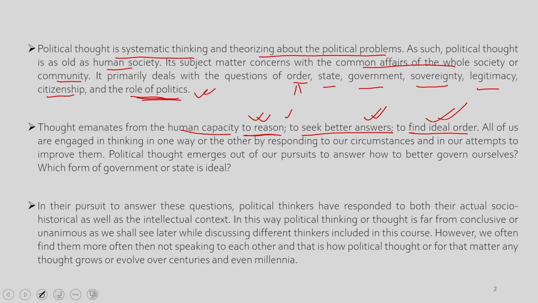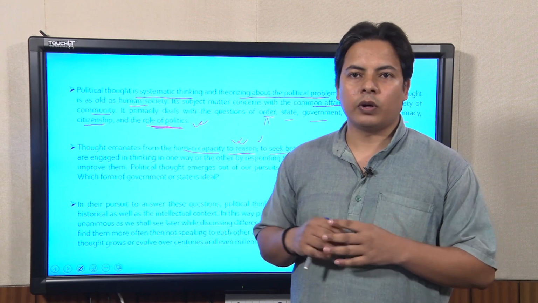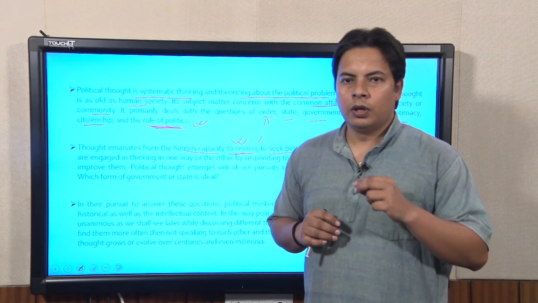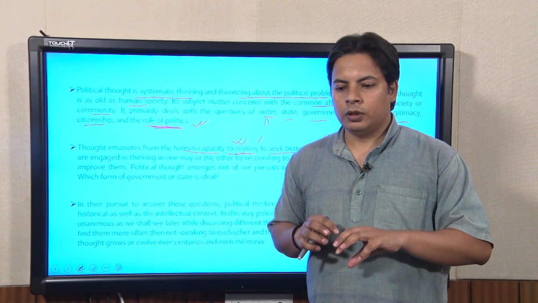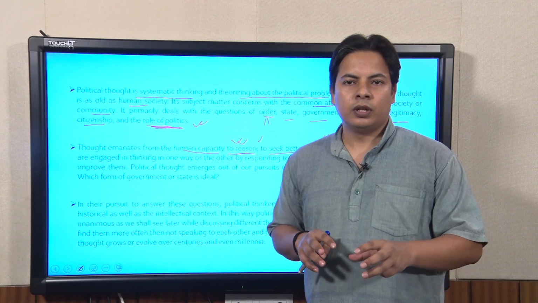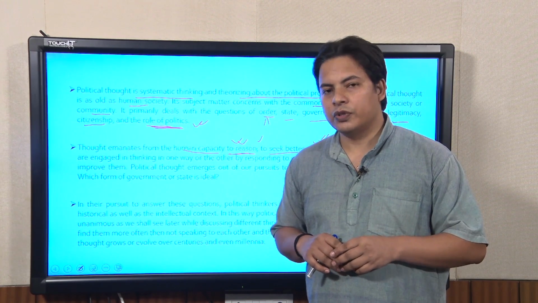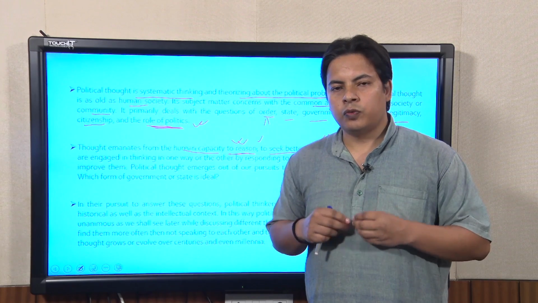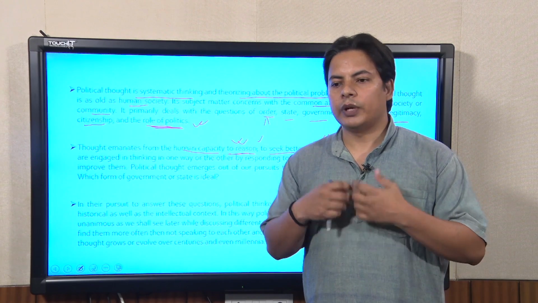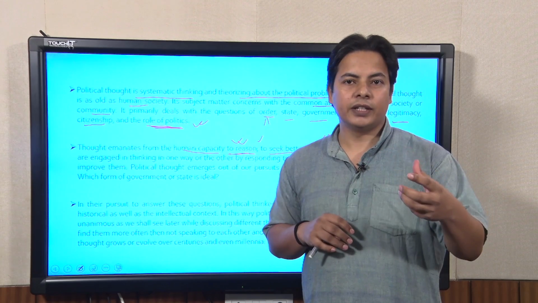And ultimately, the political philosophy or the political thinkers that we will discuss are constantly trying to have the ideal order or the ideal state or the ideal government. So, overall objective in the political treatise or treatises of many political thinkers in the course which we have included is to form an ideal order, form an ideal state, and what are those ideals.